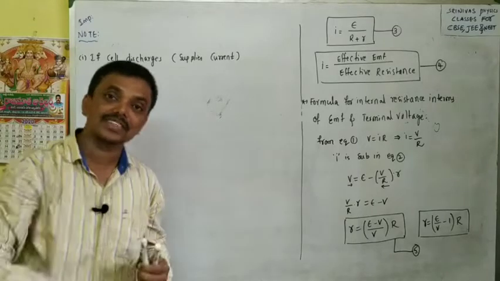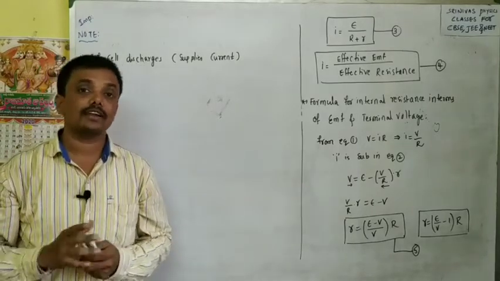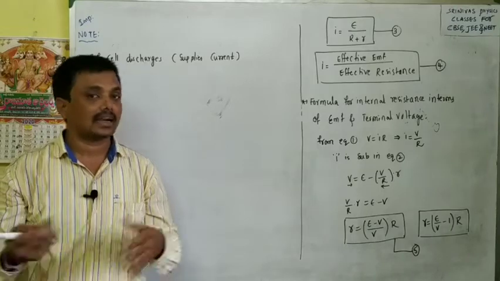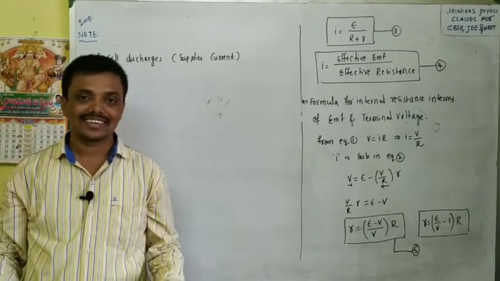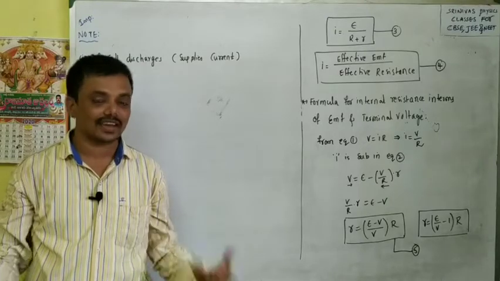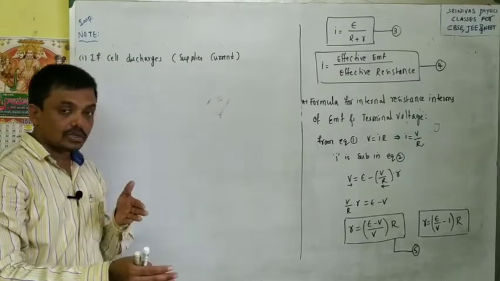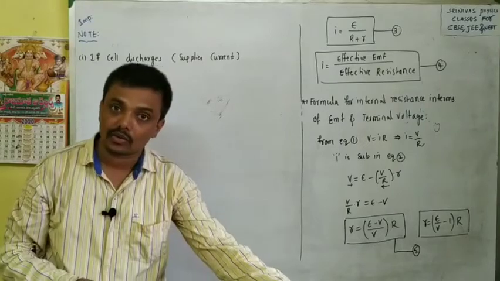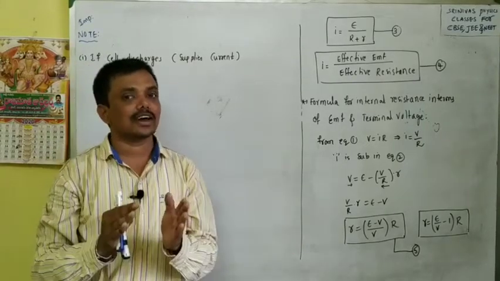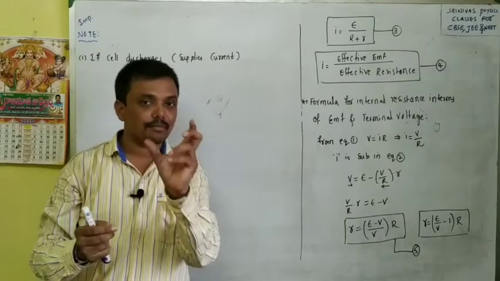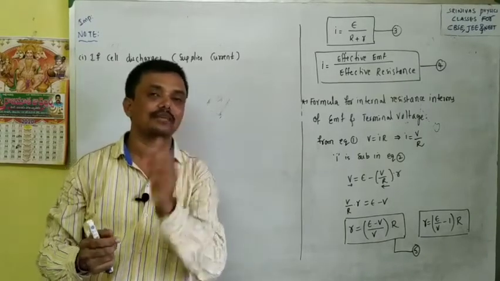After that, we use that battery. While using that battery, the battery supplies the current. A cell supplying current means it is discharging. To charge a cell, we supply the current to the cell; that is charging.